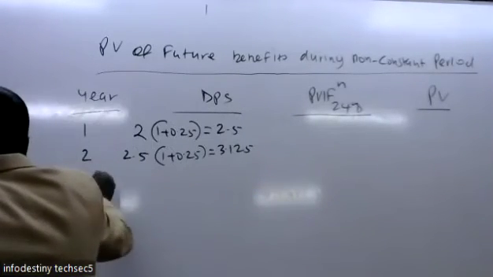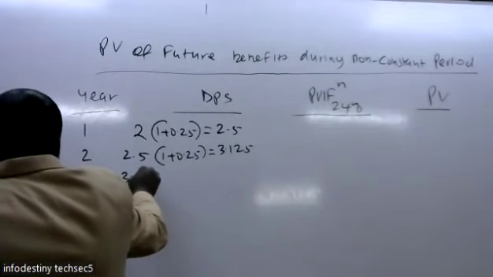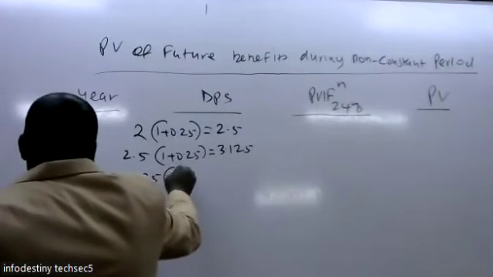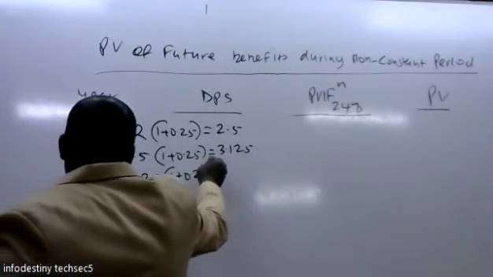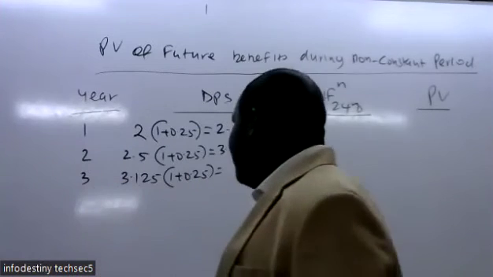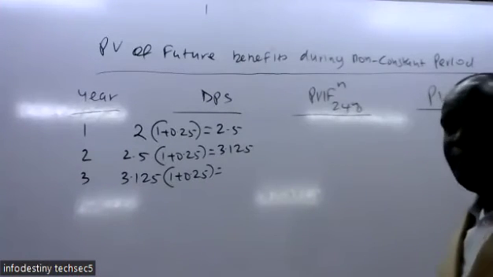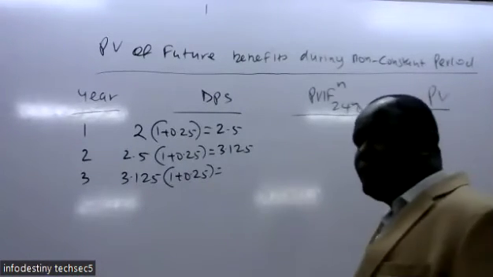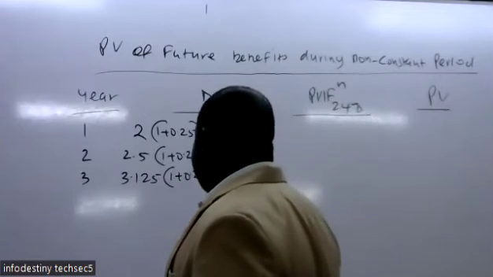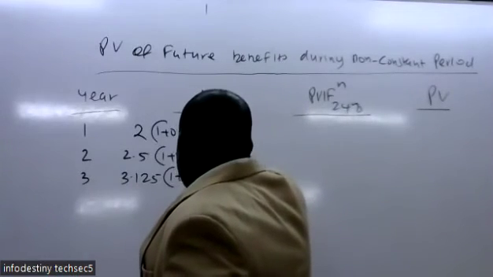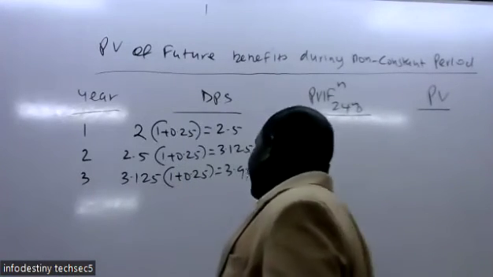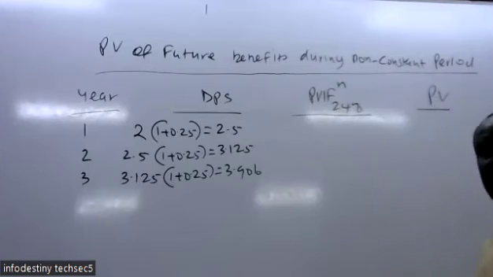When it comes to year 3, 3.125 multiplied by 1.25 gives us 3.906.